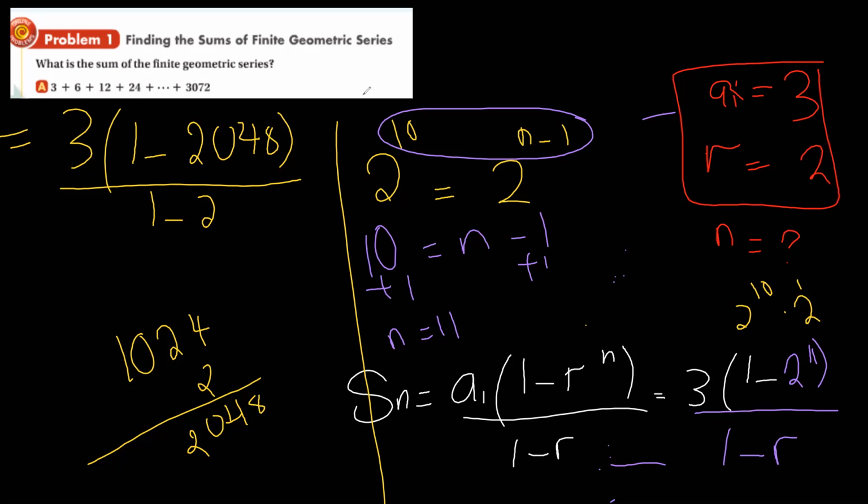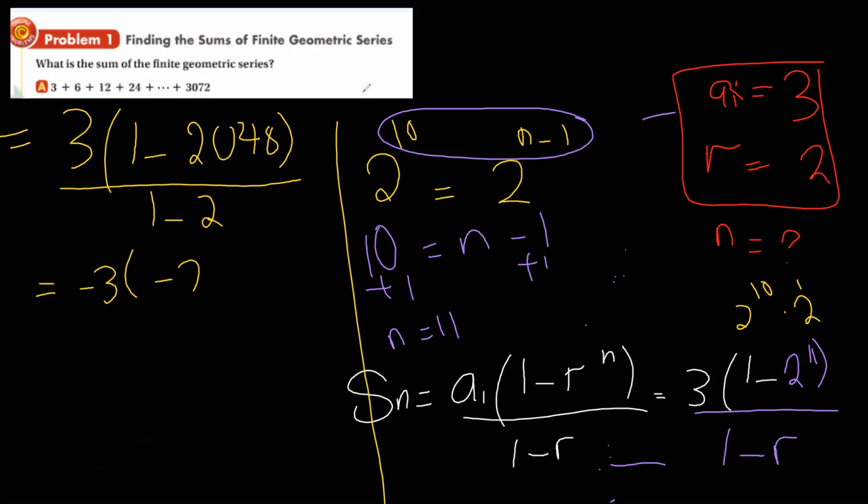Then now after that, negative 3 times negative 2047, and after you multiply them, you will find the summation, and the summation will be positive 6141.